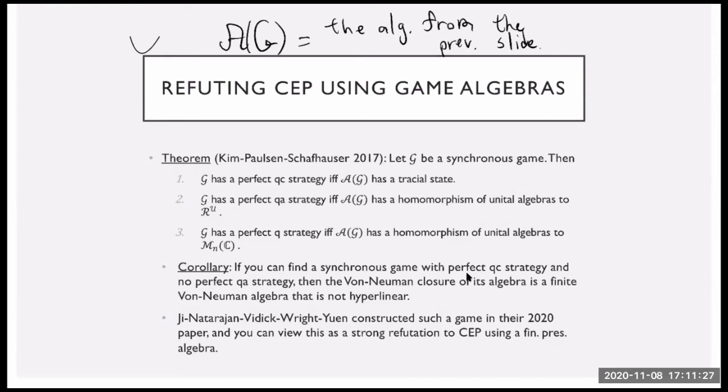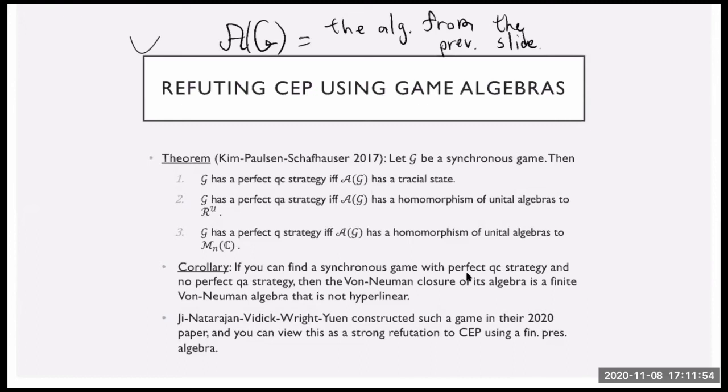The second thing that they showed is that it has a perfect quantum approximating strategy if and only if it has any homomorphism of unital algebras into the ultrapower of the hyperfinite II_1 factor, R^U. So any homomorphism that sends 1 to 1 automatically gives you a perfect quantum approximated strategy.